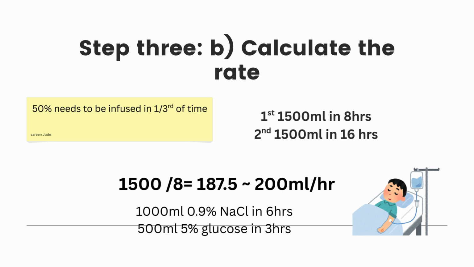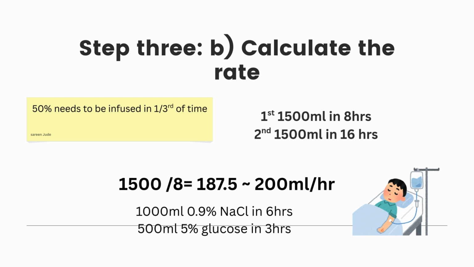That's how we calculate the time for each bag. So if we have two 500 bags, the first is going to be about 6 hours. For the second 500, we're opting for 5% glucose.